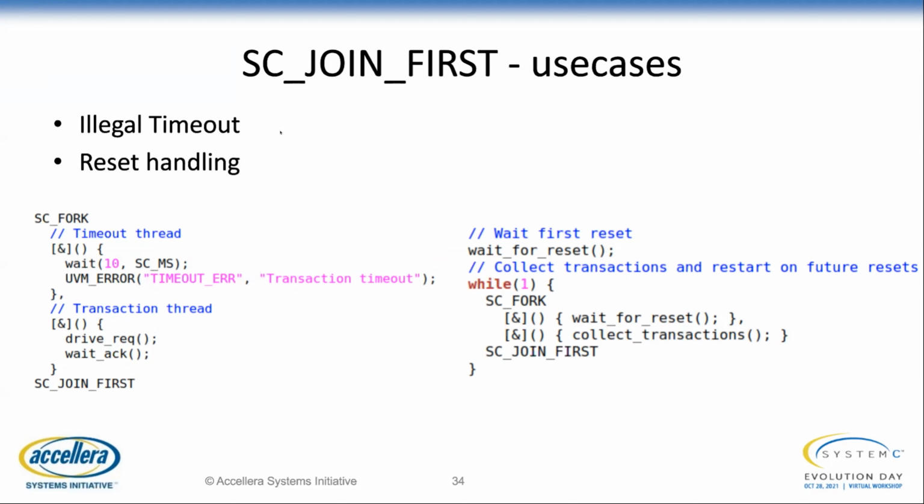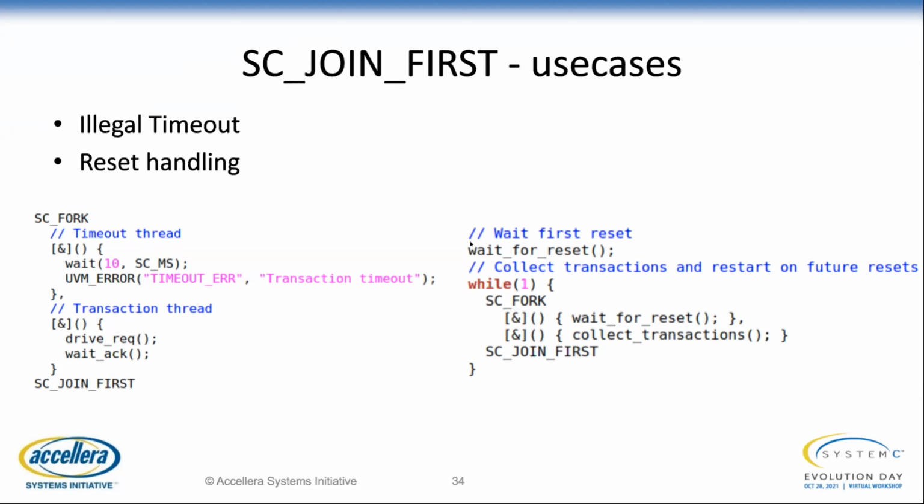And another use case is reset handling. It's used a lot in verification. So let's say you have a monitor component which collects transactions from an interface. But if the reset signal is asserted, you have to stop collecting transactions, and that can be done in the join first.